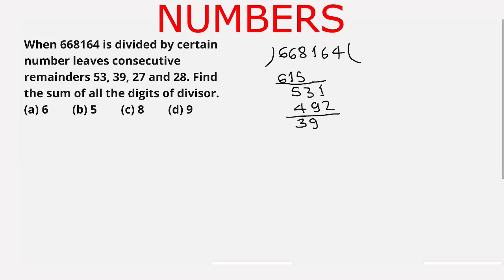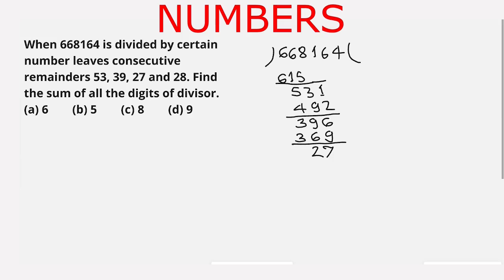We carry 6 from the given number, and the number becomes 396. And 396 when divided by the divisor, the remainder is 27. On subtracting 27 from 396, we get 369. Or we can say that 369 when subtracted from 396, the remainder is 27.